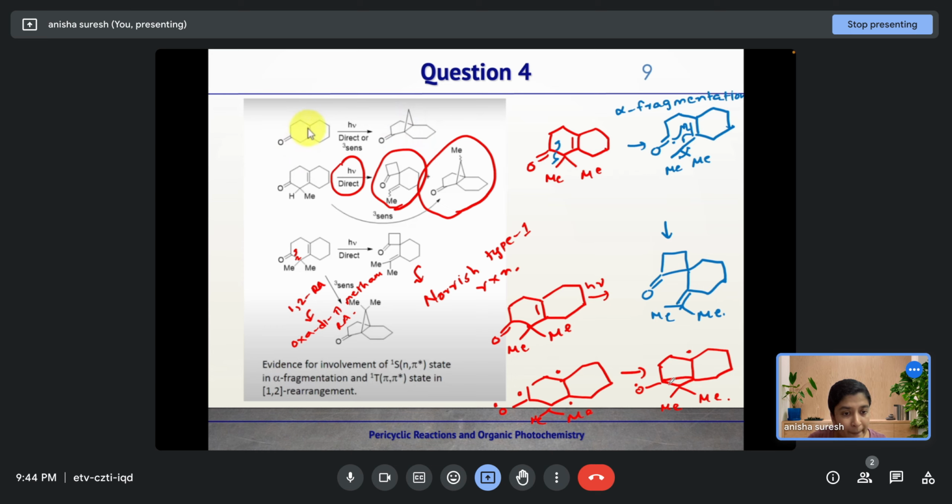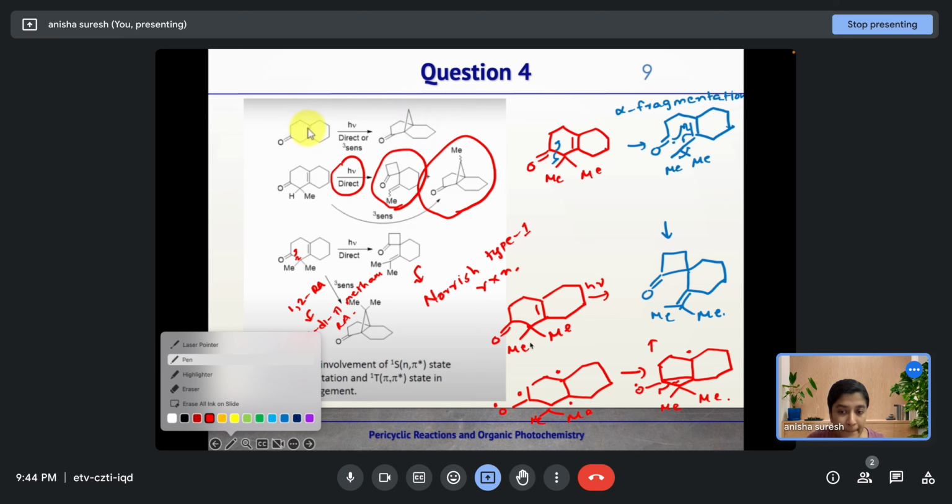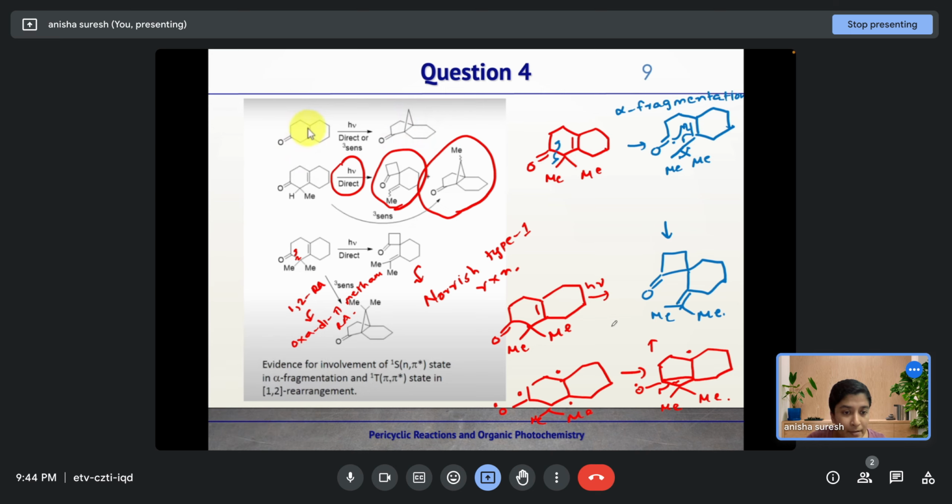Now this will break. So we can write here a, and now a tertiary radical has formed, O dot.